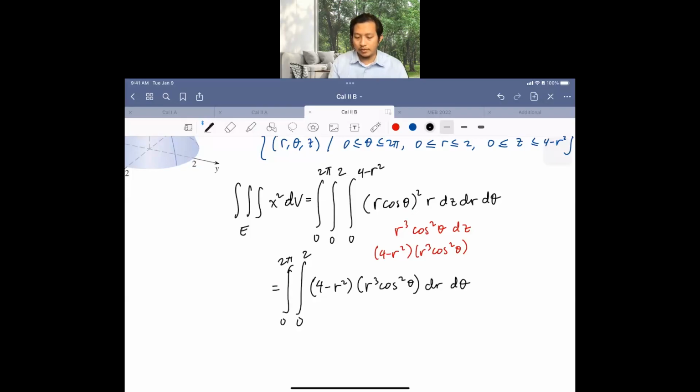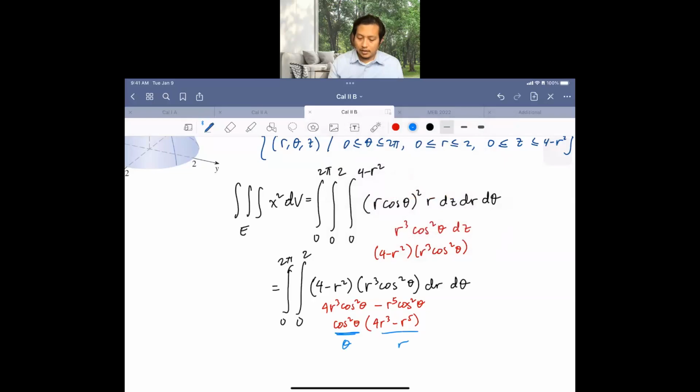So if we deal with this, we could write it like this. And you see that perfectly we have this as theta, this as r.